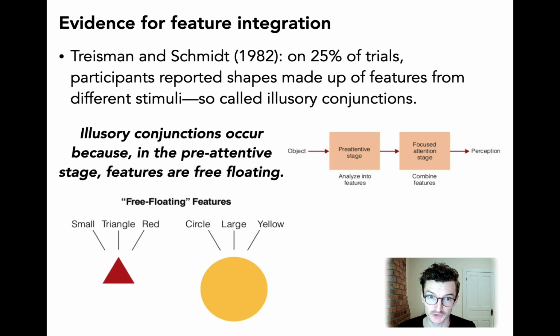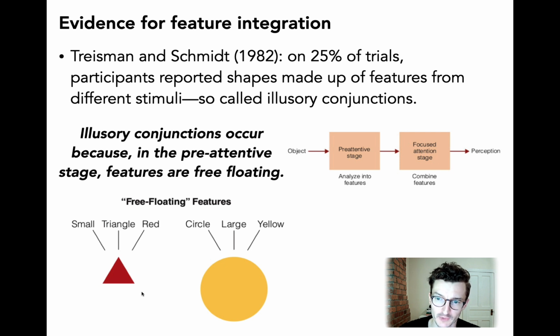So on about a quarter of trials, participants reported shapes made up of features from different stimuli, so-called illusory conjunctions. Right? So they may see a small red triangle, but they may report seeing a small yellow triangle. So they're swapping features between the things that they're seeing because their attentional system is taxed.